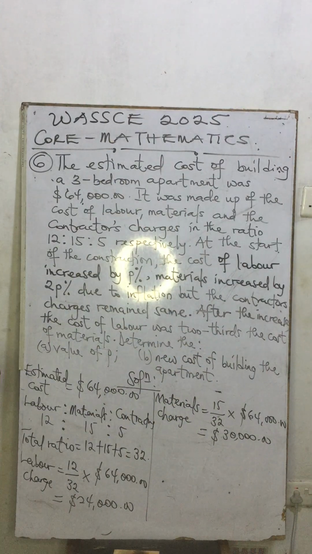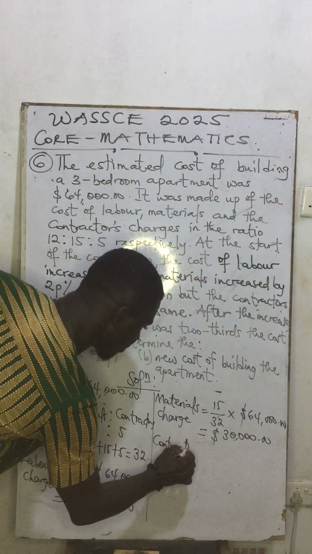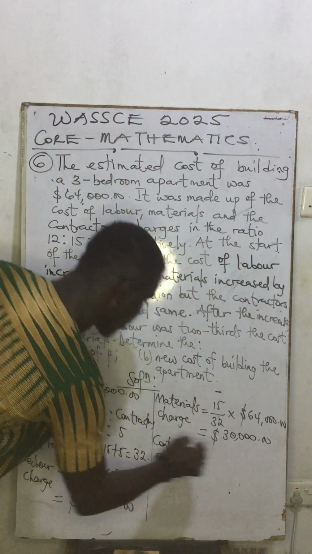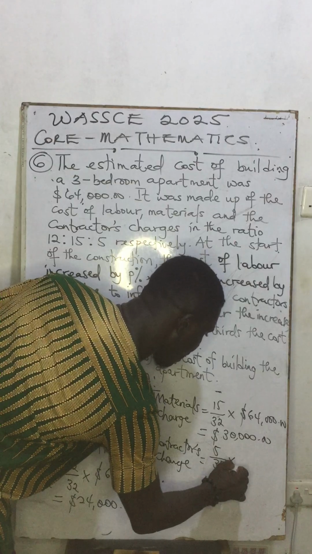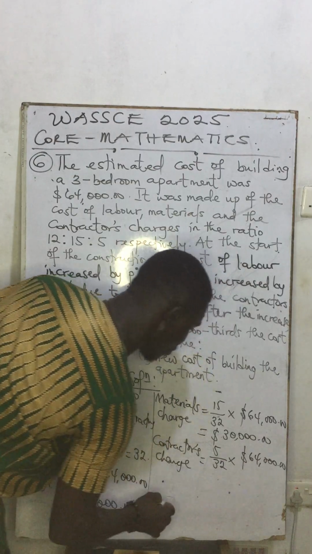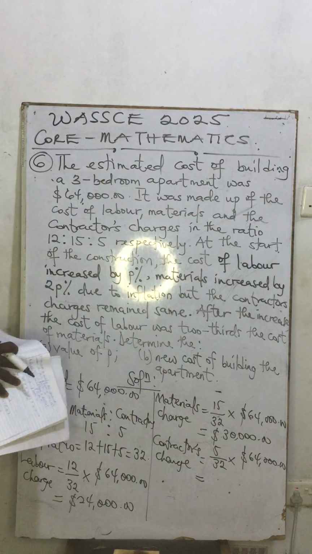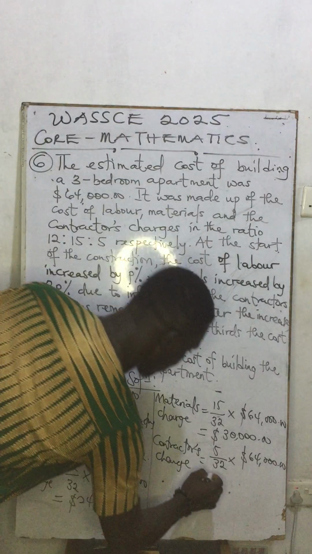Now we come to the contractor's charge, and this is 5 out of 32 times 64,000. And this should be equal to $10,000.